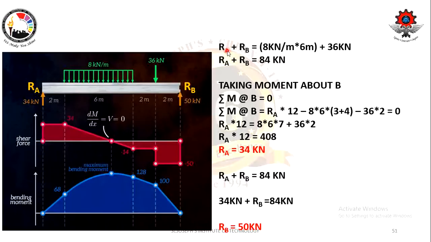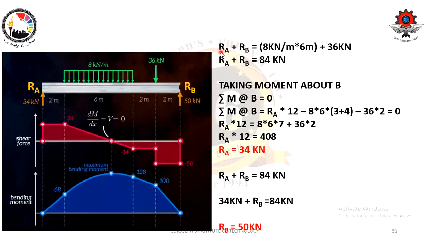We don't have any horizontal forces here, we have only vertical forces: two support reactions RA and RB, and two loads, one a point load and the other a UDL. Now applying the condition of equilibrium, the summation of vertical forces is equal to 0.